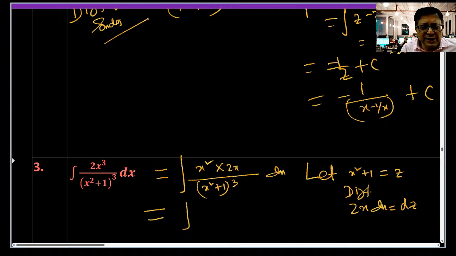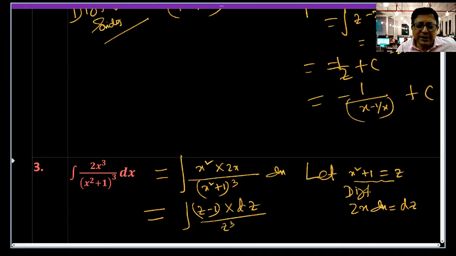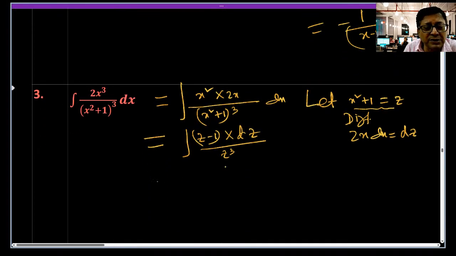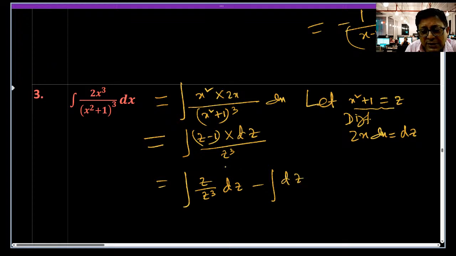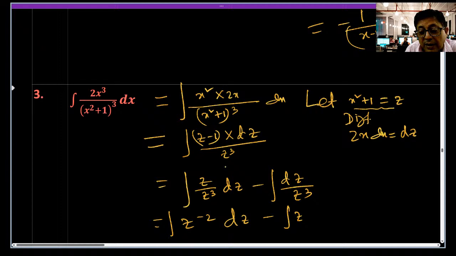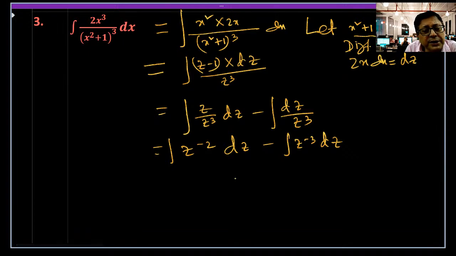So now there is a problem. x square is there, but we have x square plus 1. So this x square you replace. 2x dx you write dz by z cube. Okay? This integration can be done by you, I know. So it is z by z cube dz minus dz by z cube. Simplify. Clear? You can integrate this thing easily.